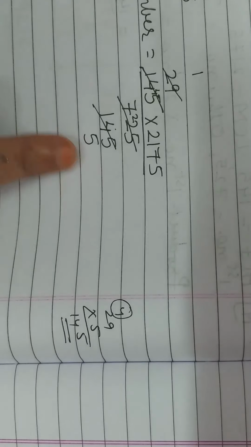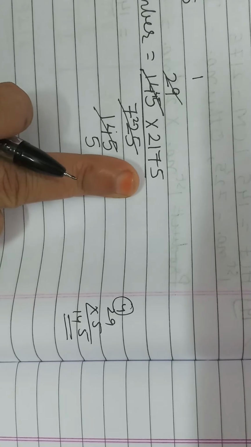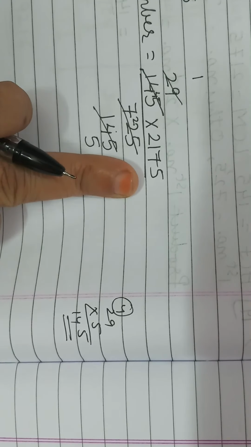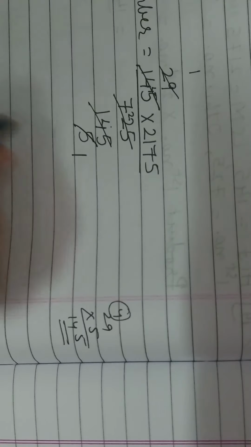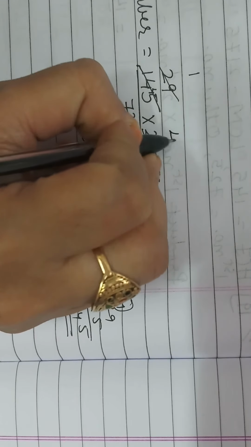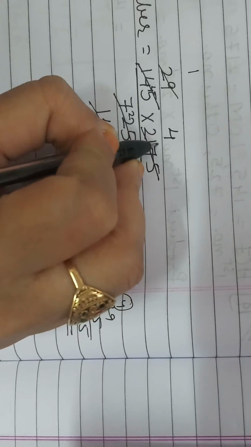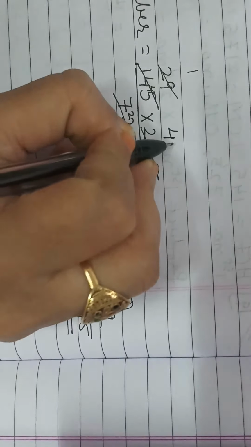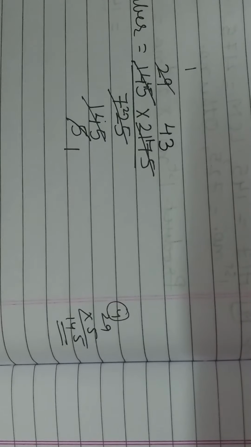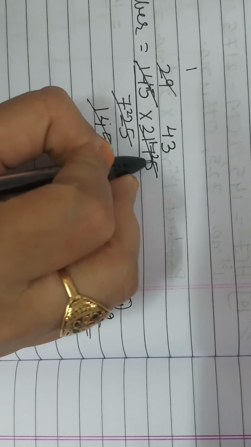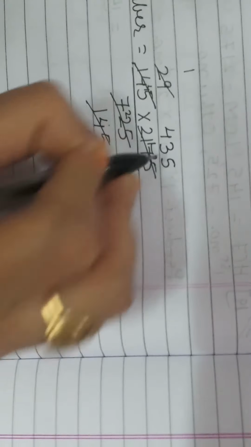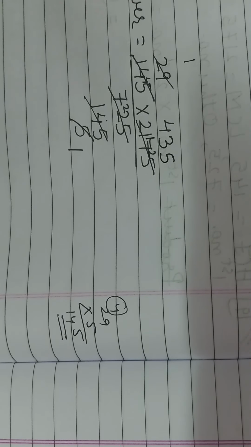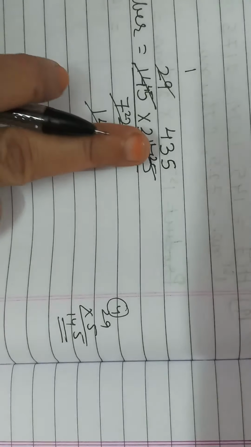Now 5 and 2175 will go in the table of 5. So 5 ones, then 5 fours are 20, 1 will be your remainder, 5 threes are 15, then 2 will be your remainder, it will become 25, then 5 fives are 25. That means my other number will be 435.